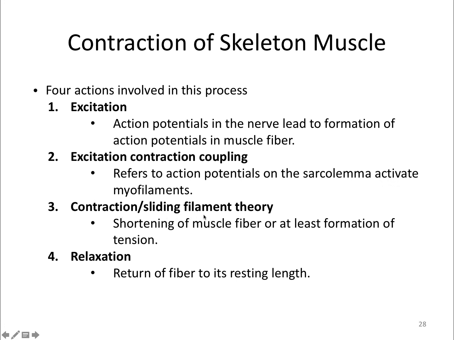Sliding filament theory is the shortening of muscle fibers, or at least the formation of tension, via overlapping and cross-bridging of actin and myosin. And relaxation is the return of a fiber to its resting length.